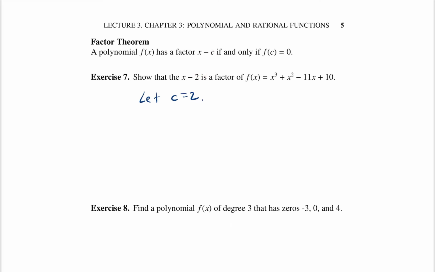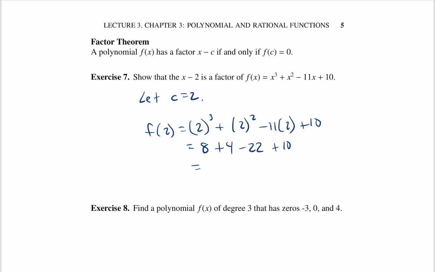Then the remainder will be f of 2, which is 2 to the third plus 2 squared minus 11 times 2 plus 10. Work that out. You should get 0.